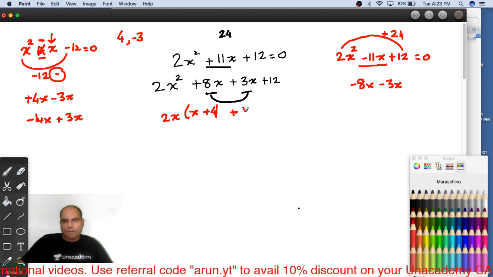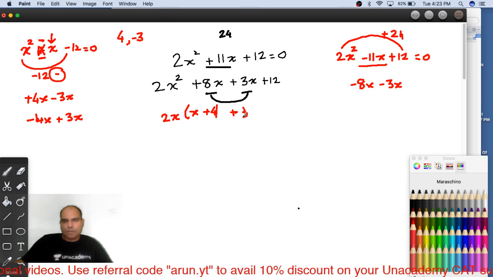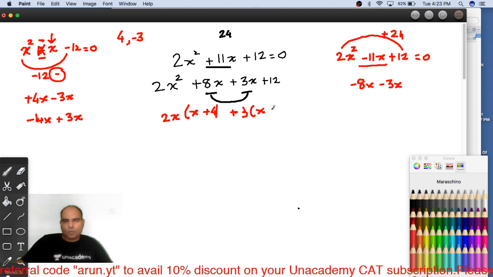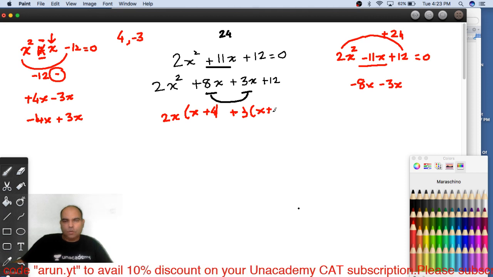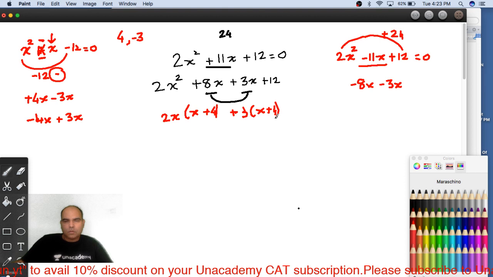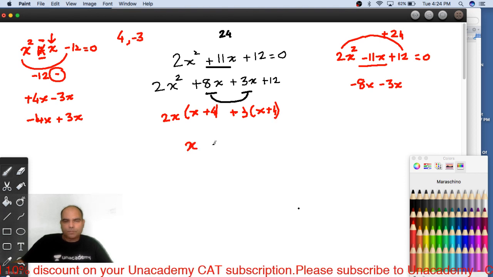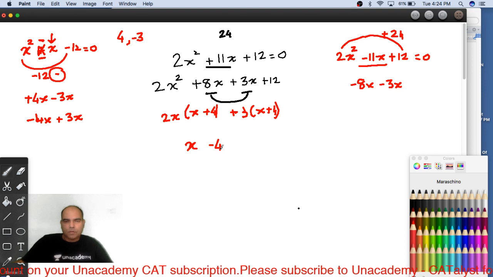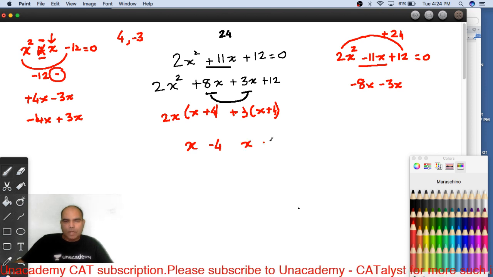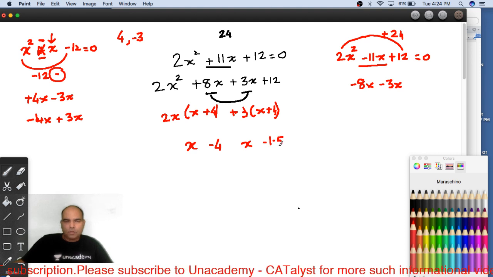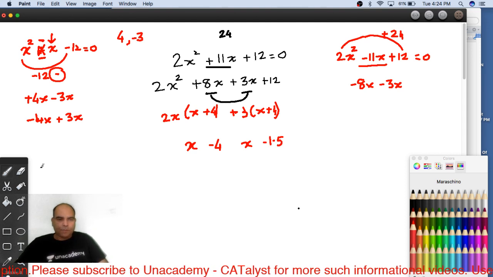So again I'll have the second part as x plus 4. So this expression can be written as x plus 4 into 2x plus 3 is equal to 0. So that gives me x is either minus 4 or x is minus 1.5, 3 by 2. These are two values that I get for x.